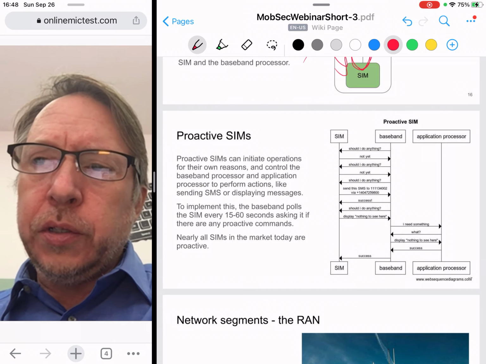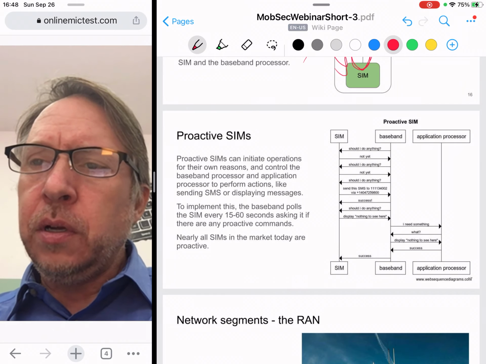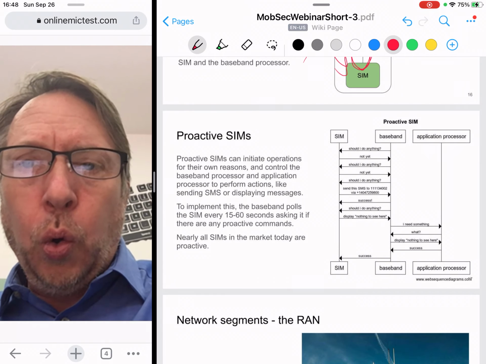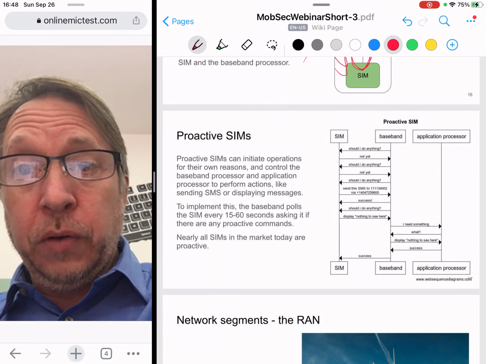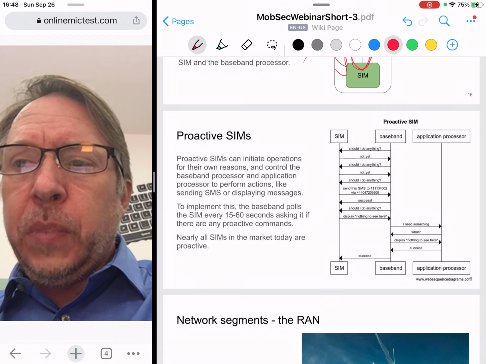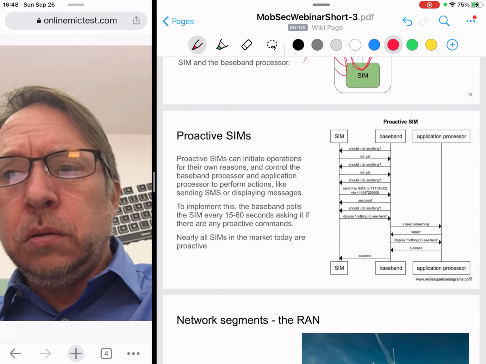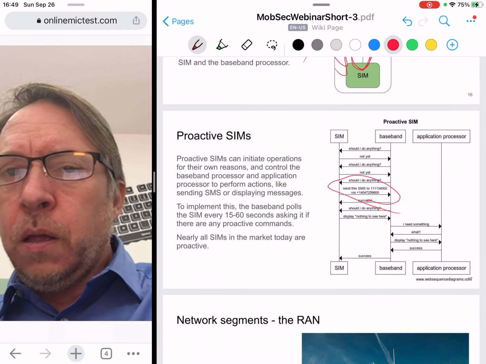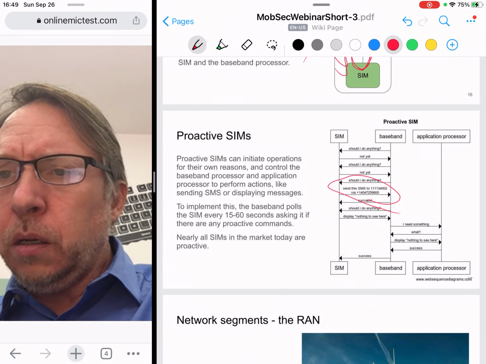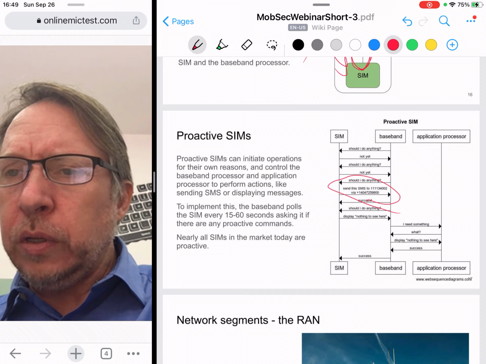And the way this works is that every 15 or 30 seconds, the baseband processor polls the SIM and asks it, hey, do you want me to do something for you? And at some point, the SIM will eventually say, yeah, send this SMS for me. And so the baseband processor will send the SMS.